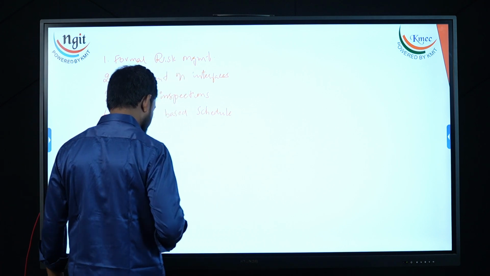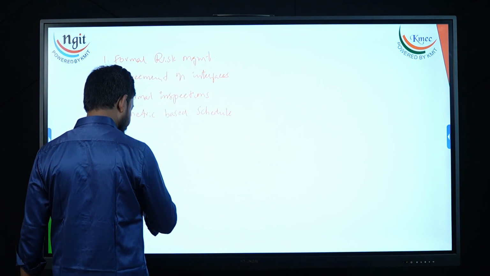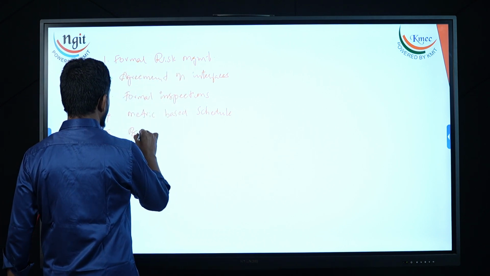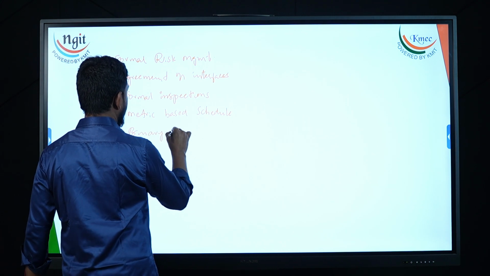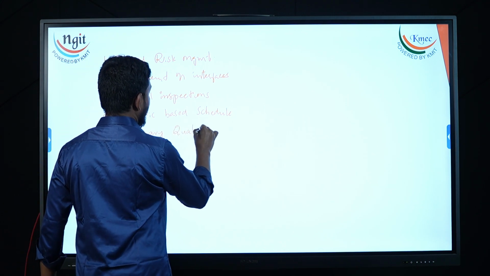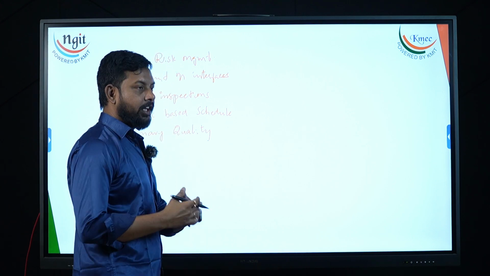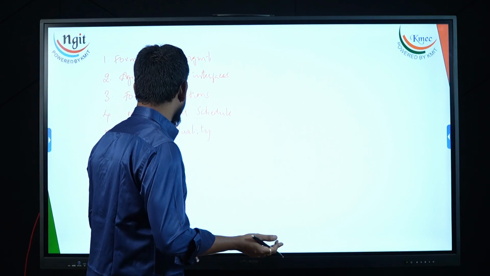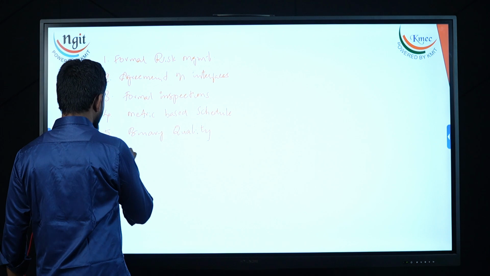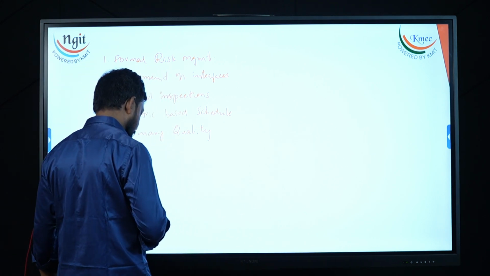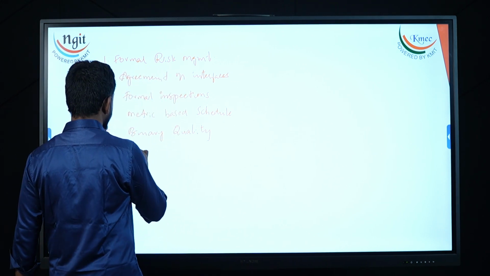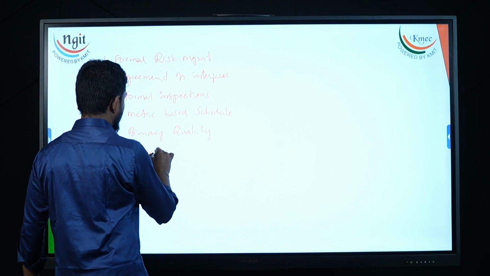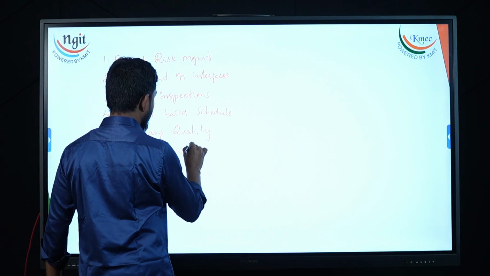And fifth is your binary quality. This will help you in understanding what quality of your project was developed at a particular phase or level. Sixth is your program wide visibility.